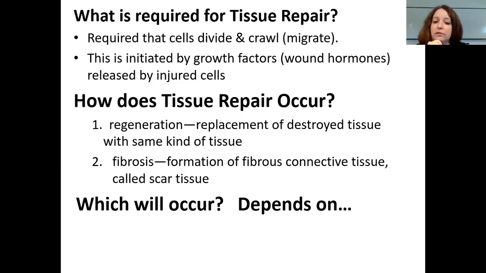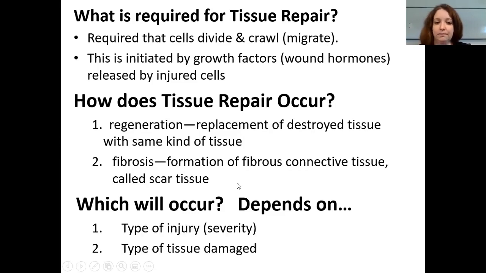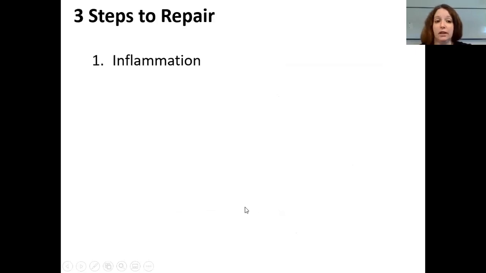Regeneration, we replace the destroyed tissue. And then we can also get scars from fibrous connective tissue actually kind of overproducing itself. So these are the two things. You can regenerate and not have a scar, or you can have a scar. What occurs will depend on the type of injury and the type of tissue damaged.